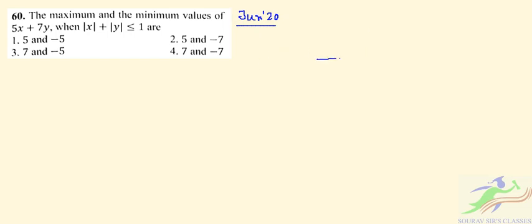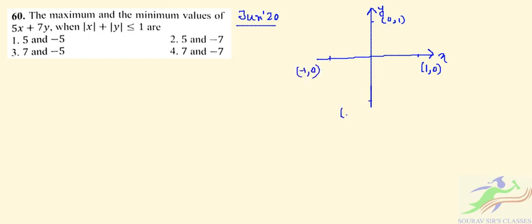So let's draw an axis like this, y and x. So this point is (1, 0), this is (0, 1), (-1, 0), and (0, -1).